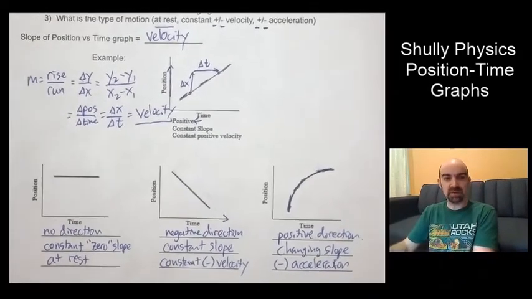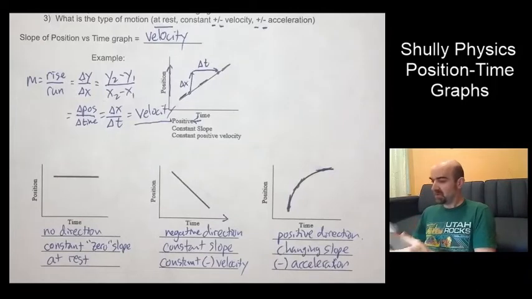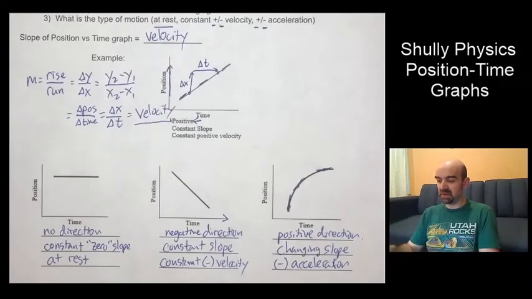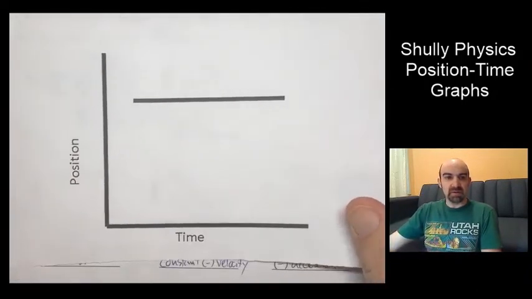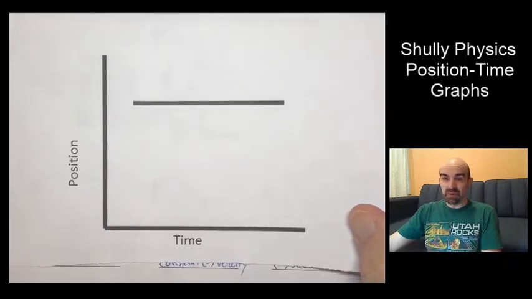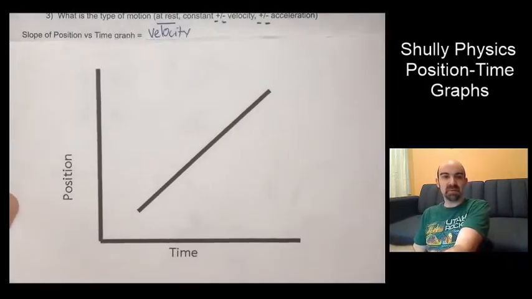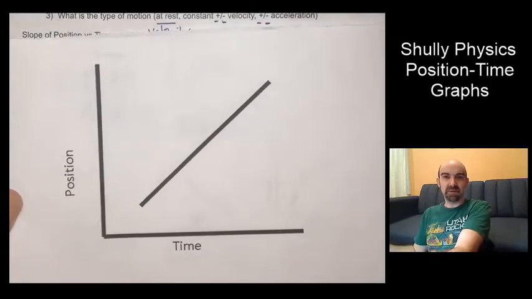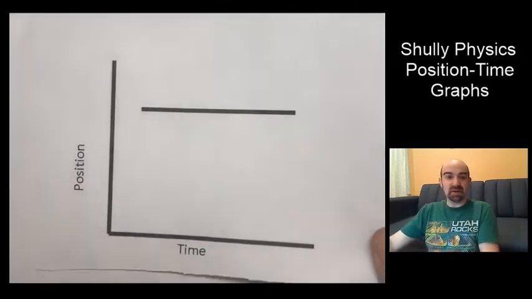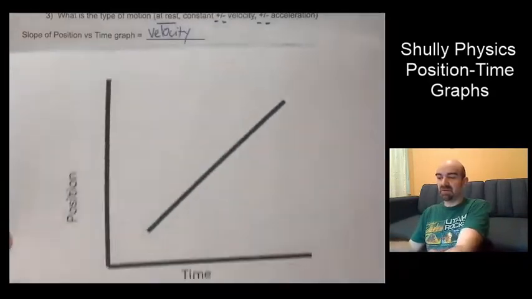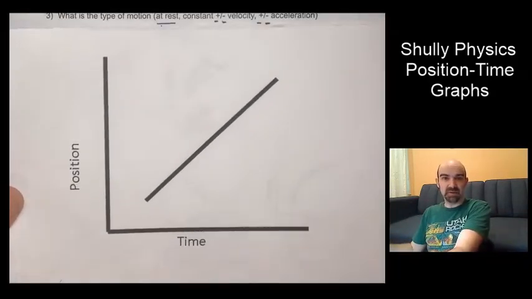Okay, so I want to take a break here just to quickly help you run through what we just talked about. This would represent no motion, at rest. No motion, positive motion. All right. This is a constant motion. This is also a constant motion.